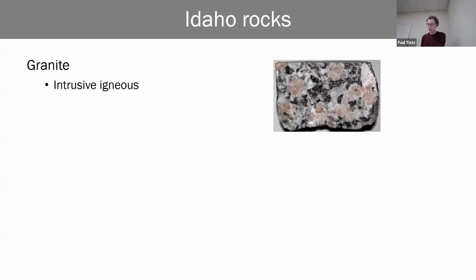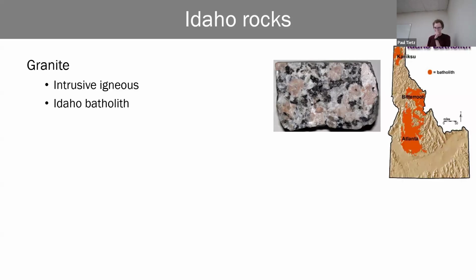And the reason we have a lot of this granite rock is because of our formation called the Idaho batholith. Batholith means a magma chamber that either cooled in place or intruded on some other existing rock layer, and then it hardened into solid rock, and then was brought to the surface either through erosion or some kind of uplift underneath it.